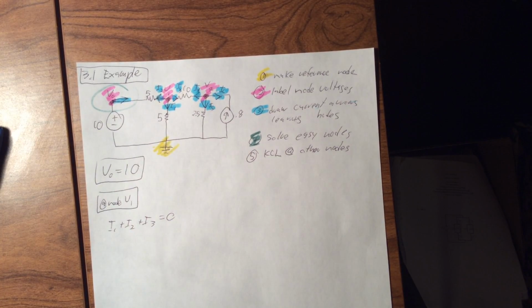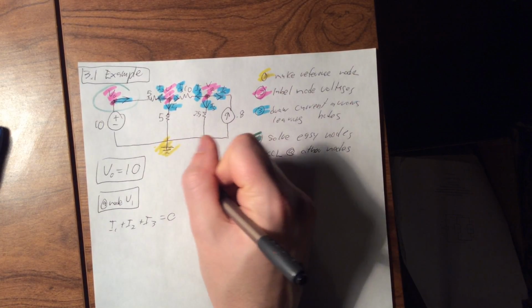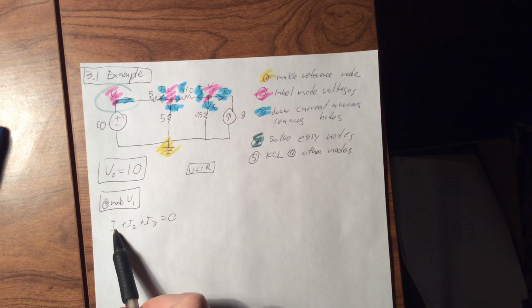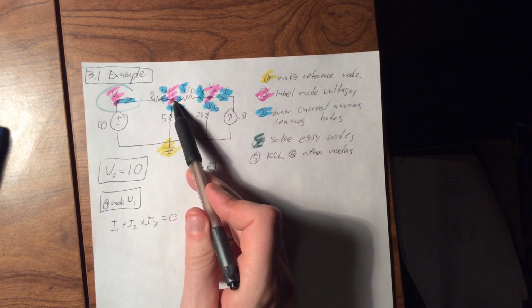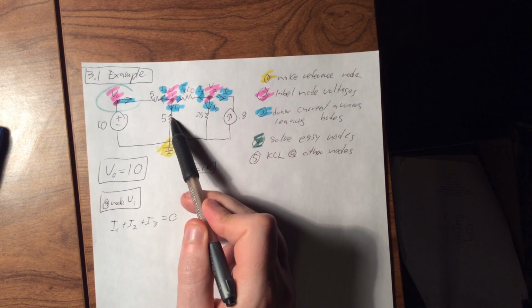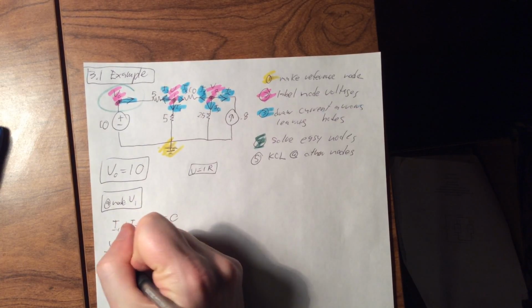And now we know V equals IR, right? We already know this law, Ohm's law. So now we're going to solve for I1. I1 is going from V1 to 0 over this resistor, so I1 is going to be V1 over 5.